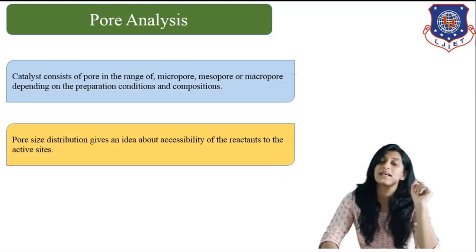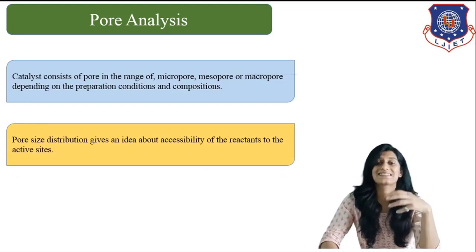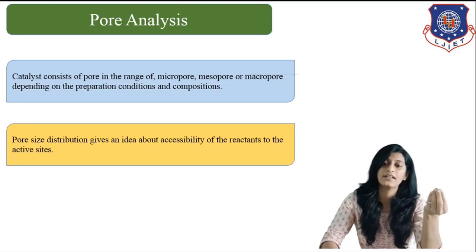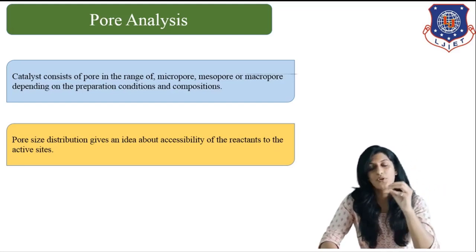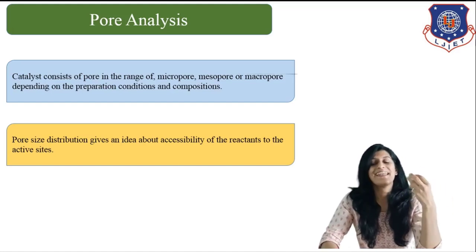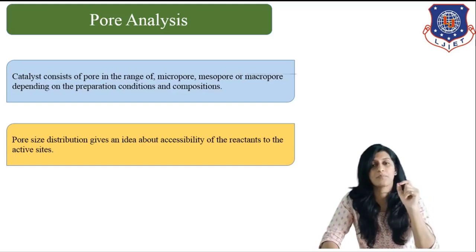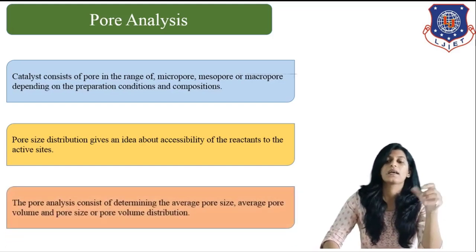Now, pore size distribution gives an idea about the accessibility of the reactant to the active site. So if we know the nature of our pores, we can easily determine the extent of reaction which is possible.